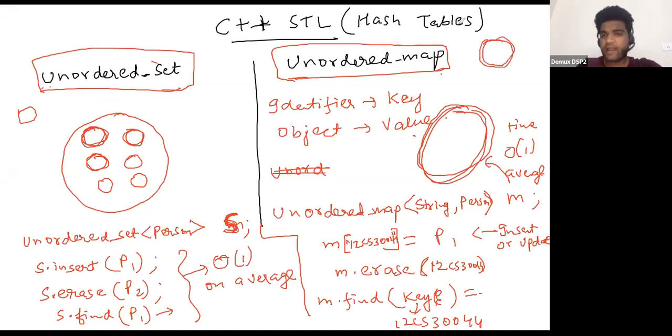So if you want to have a hash table implementation for both these formats of data, this is how you do it in C++. You have a set, you have a map, and this is how you insert, delete, and find. That's all I have told you so far. Any questions so far?